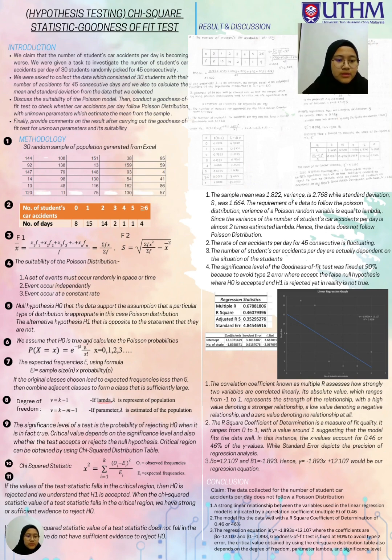Next, for step 10, the chi-square statistic is calculated by using the formula chi-square equal to the summation of observed frequency minus expected frequency, squared, and then divided by the expected frequency.